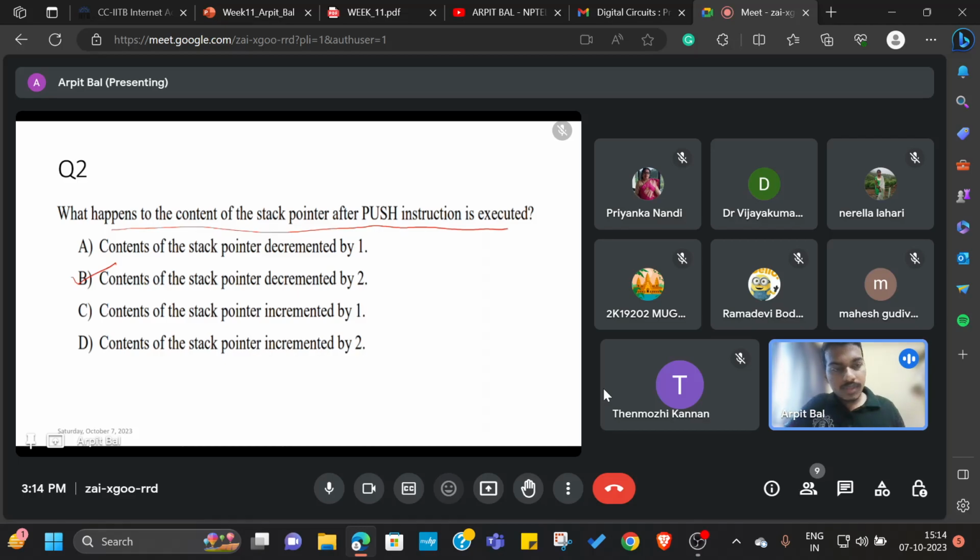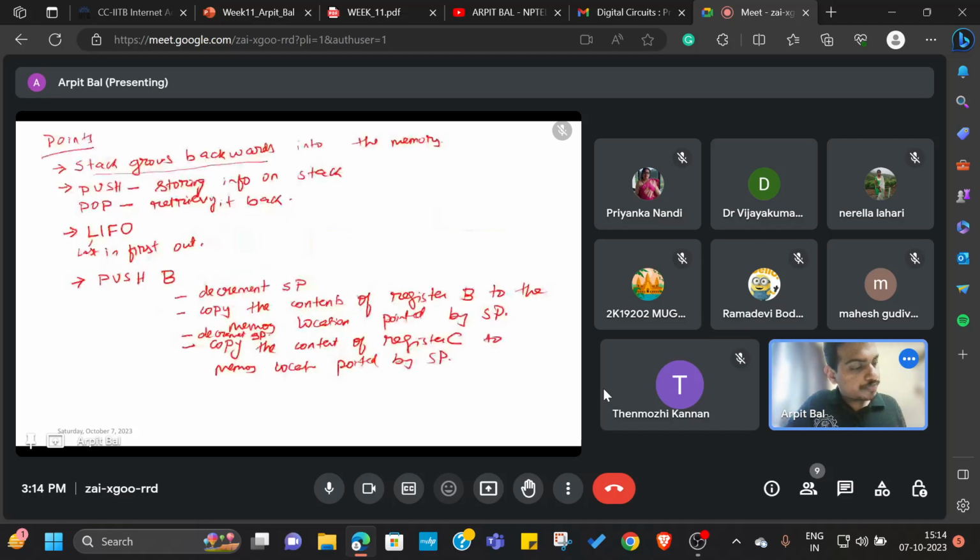I hope this part is clear. So you need to remember these few points. That the stack grows backwards, last in first out, that's the property of the stack. Then push and pop are the operations. Push is for storing, pop is for retrieving the information back.